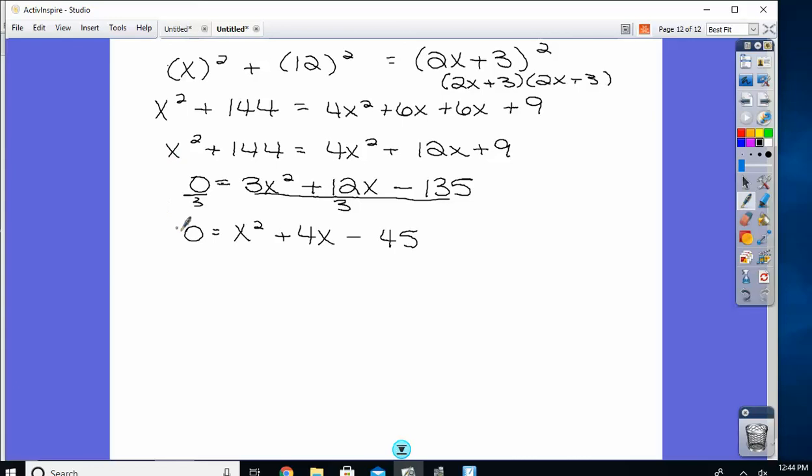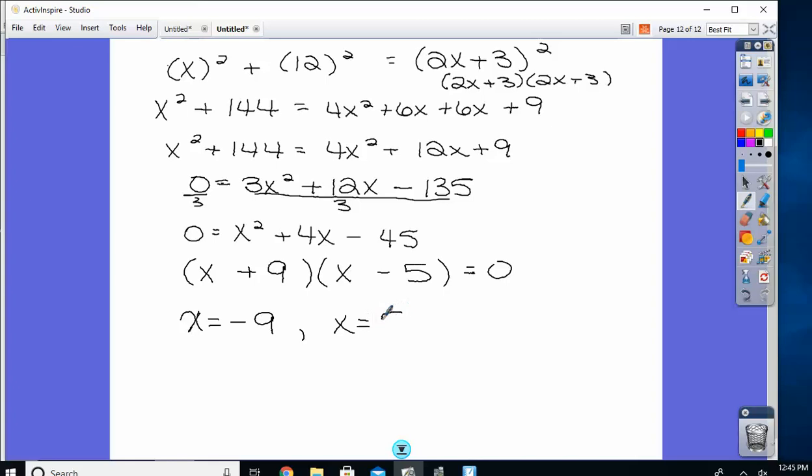Yes, we can, because with the 1x squared we can just make our 2 parentheses, x and x. Multiply to negative 45 and add to positive 4: positive 9 and negative 5. So if we set each of those equal to 0, we get x to be negative 9, positive 5.